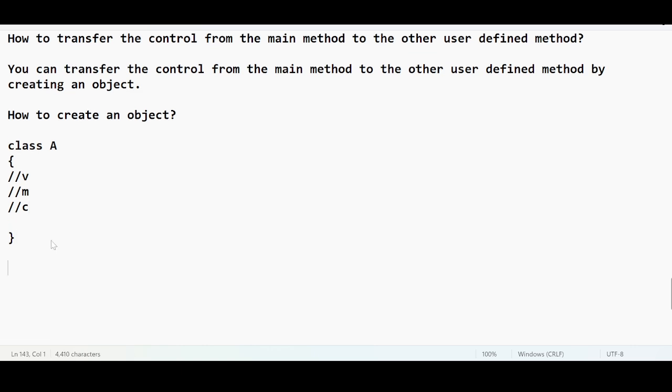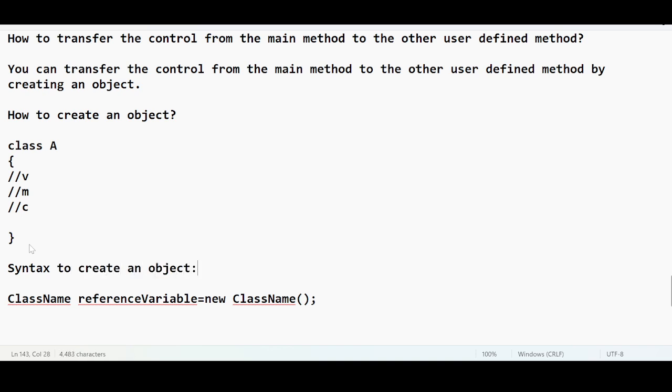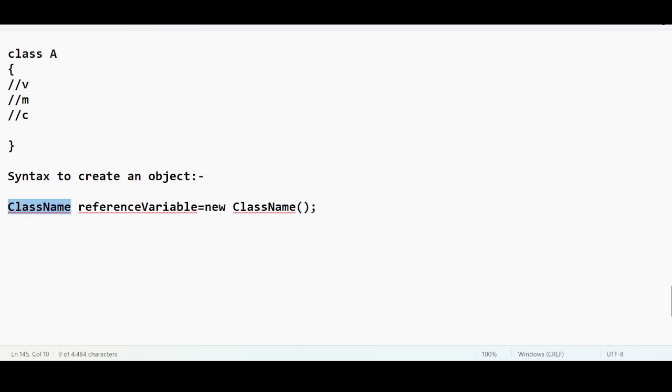The syntax for creating an object: take the class name, followed by any user defined name, which you can call the reference variable.